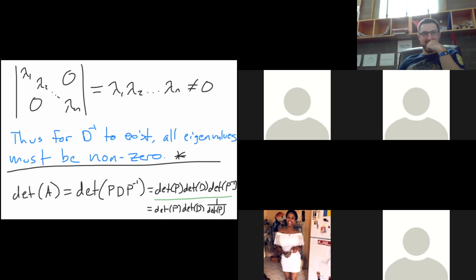Oh, you're dividing it. Yeah, no, you're right. It leaves the determinant of D, right? You're absolutely right. I'm multiplying by the determinant of P, P as in Paul. Maybe that'll help differentiate D and P, especially over Zoom. So I have the determinant of Paul times the determinant of Dan times 1 over the determinant of Paul.